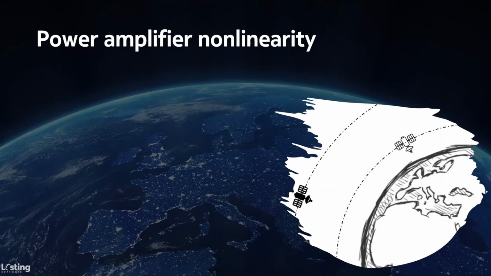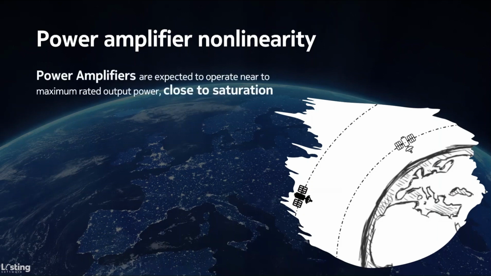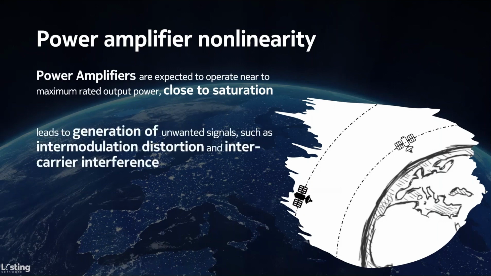As power amplifiers are highly nonlinear in nature, this regime causes generation of unwanted signals like intermodulation distortion and intercarrier interference. PA nonlinearity for traveling wave tube amplifiers and solid-state power amplifiers has been implemented in accordance with the amplitude modulation to amplitude modulation and amplitude modulation to phase modulation characteristics of the PA.